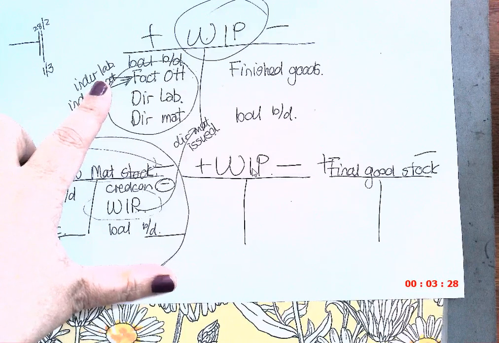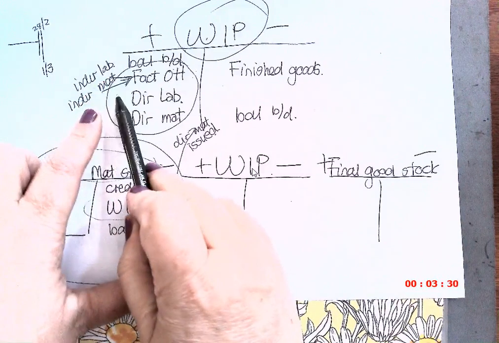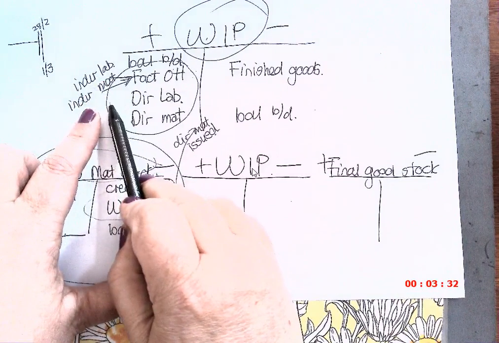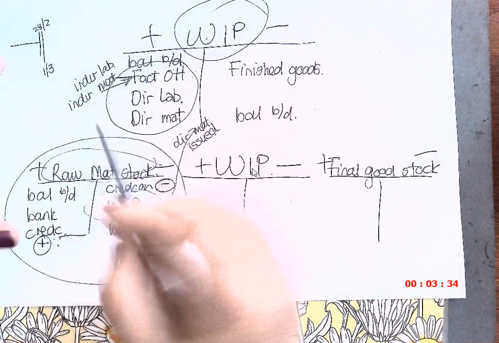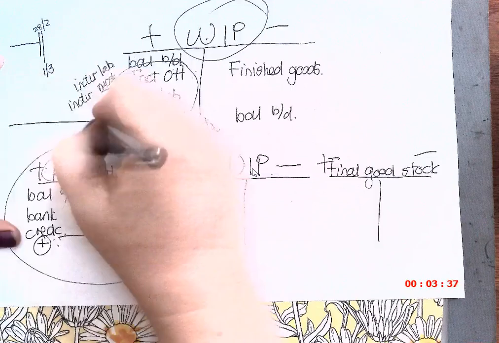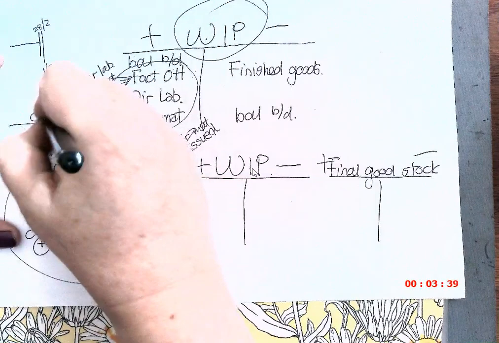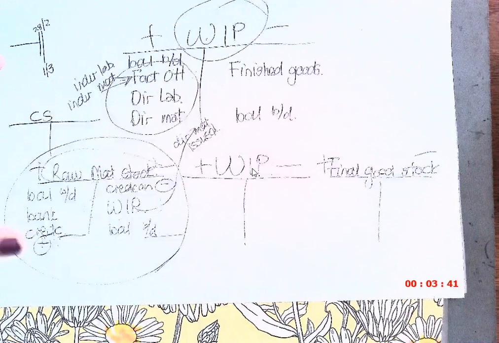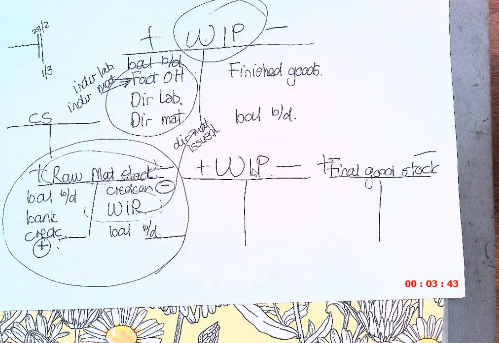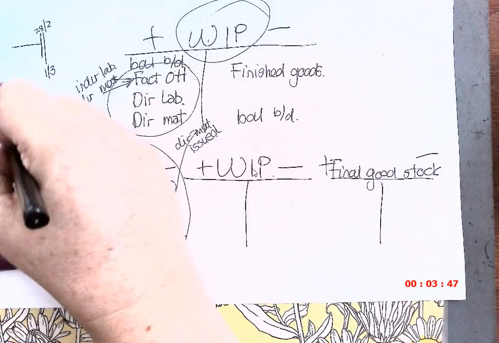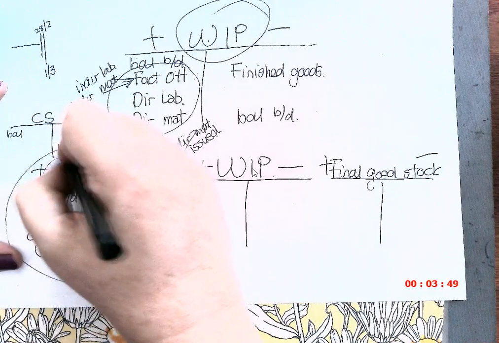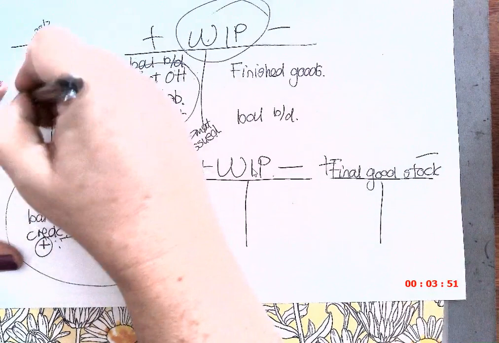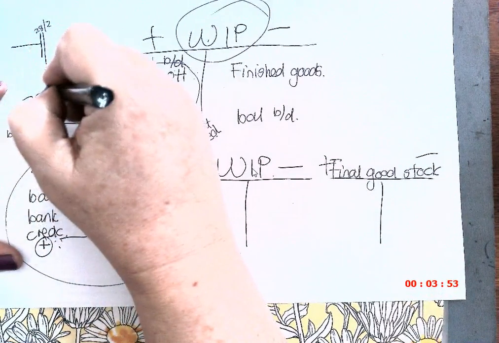Then, with your indirect material is your consumable stores. So for that, you're actually also going to draw a T just like this. You're going to have your consumable stores because you want to see how much of the consumable stores is the expense. So you're also going to have an opening balance and a closing balance. And those are my consumable stores on hand.